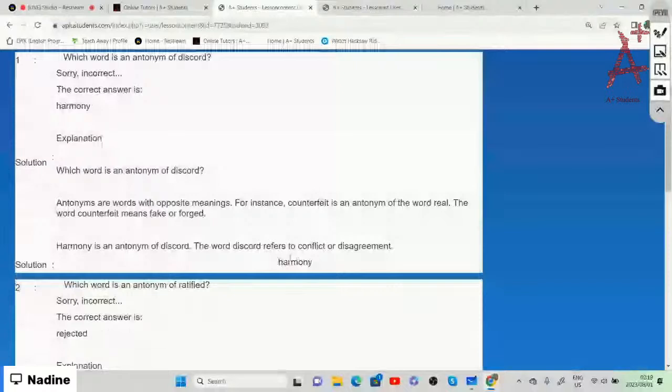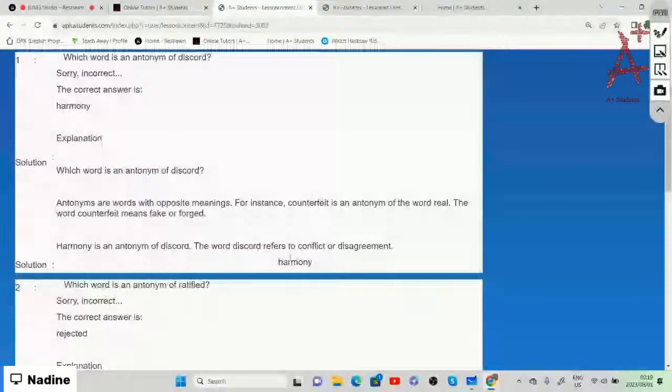So antonyms are words with opposite meaning, and we're making an example of counterfeit. We said counterfeit is an antonym of the word real, which means it is the opposite of real. So if something is not real, then it is fake or forged, right?